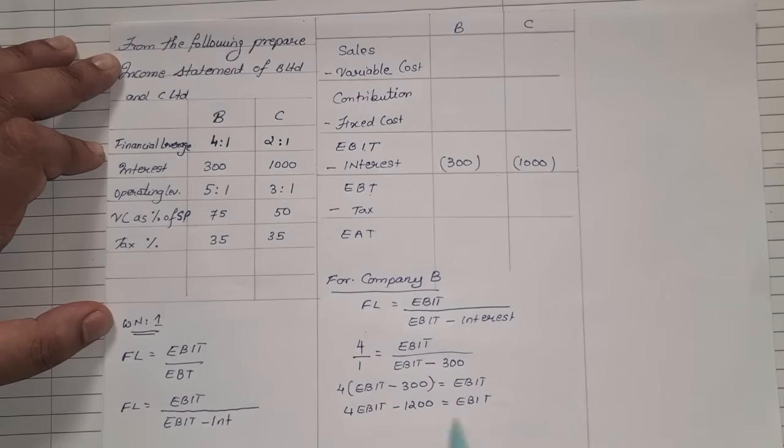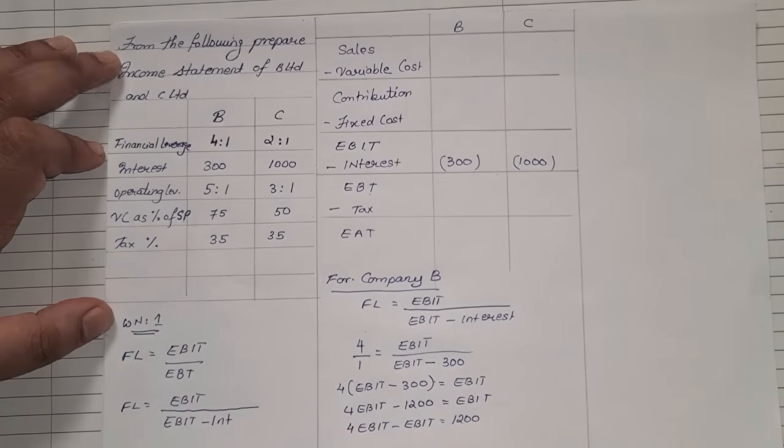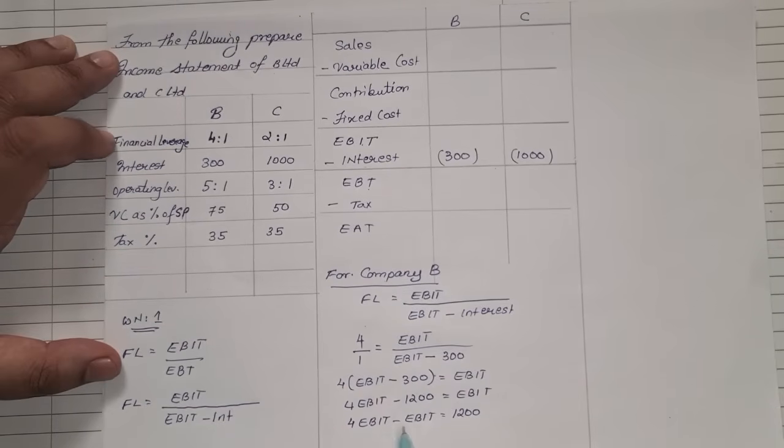Now, taking EBIT to this side, it will become 4 EBIT minus 1 EBIT, and negative 1200 goes to the other side and will become positive 1200. So 4 minus 1 is 3 EBIT is equal to 1200.